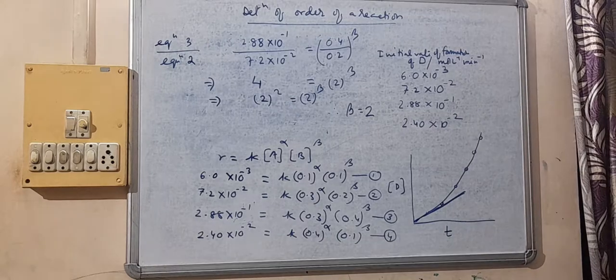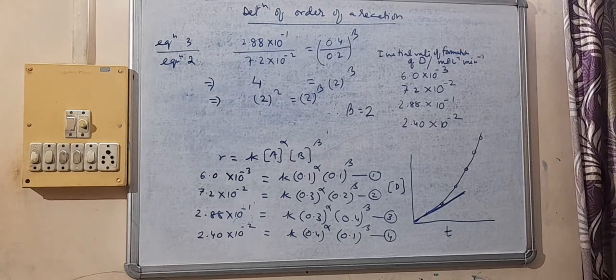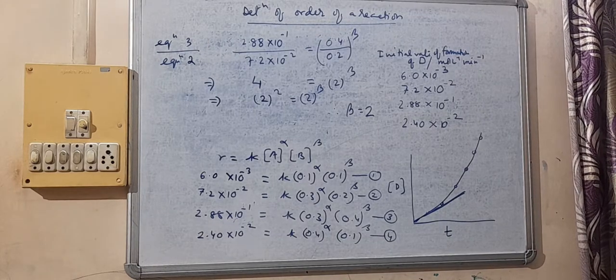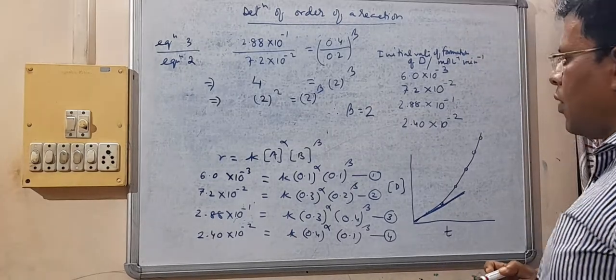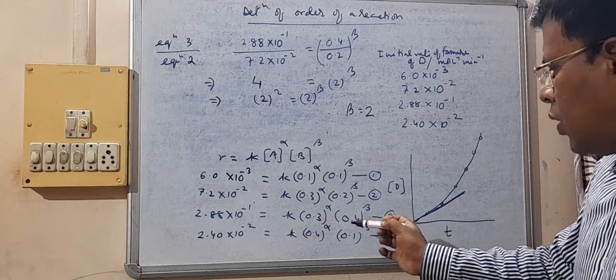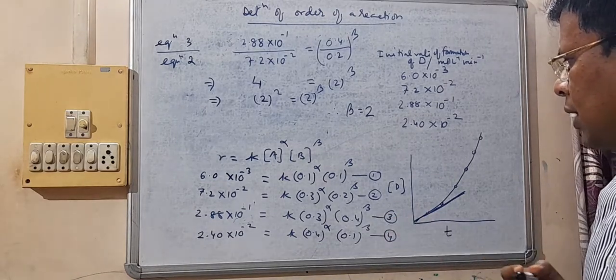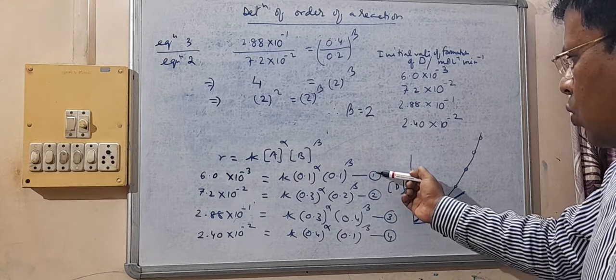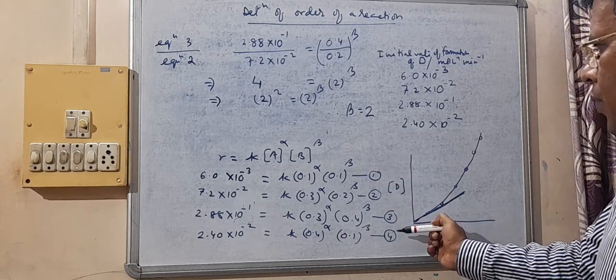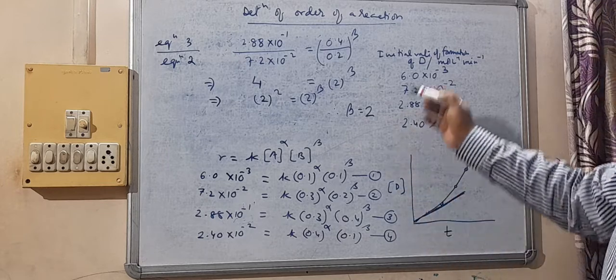So we have got the order with respect to B. Now to find the value of alpha, we divide in such a way that beta gets cancelled. Let us take equation 4 and equation 1 and divide equation 4 by equation 1.